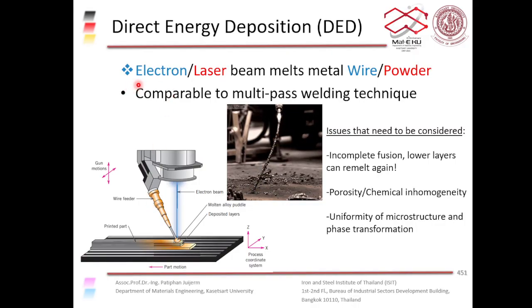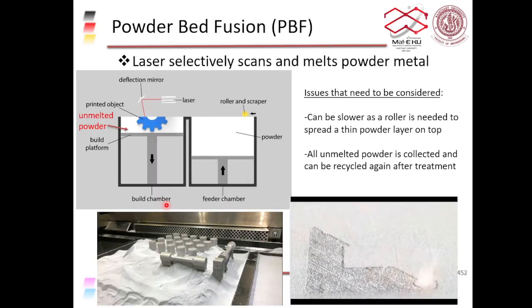You can use an electron beam, laser beam, or plasma beam to melt metal wire or powder. It's comparable to the multi-pass welding technique, right? So basically, you can produce this shape quite easily, similar to welding, and you can produce a three-dimensional part.